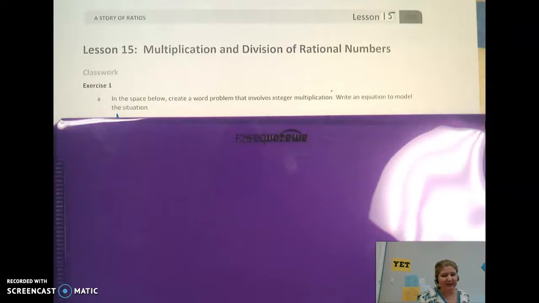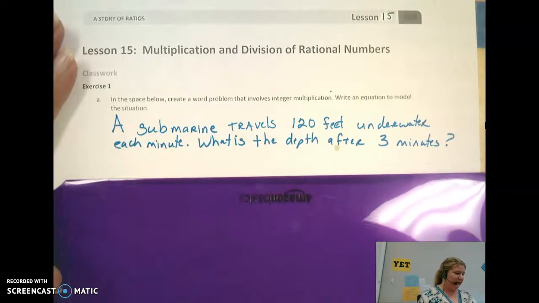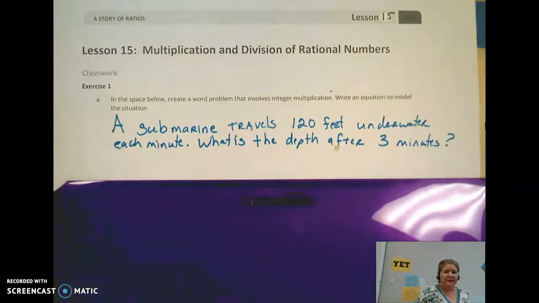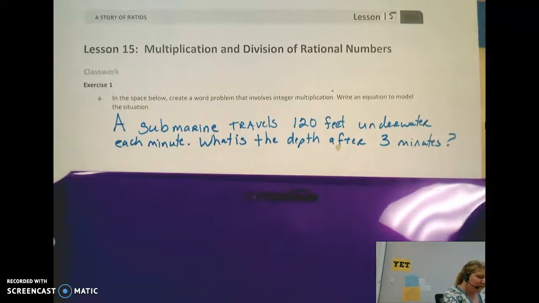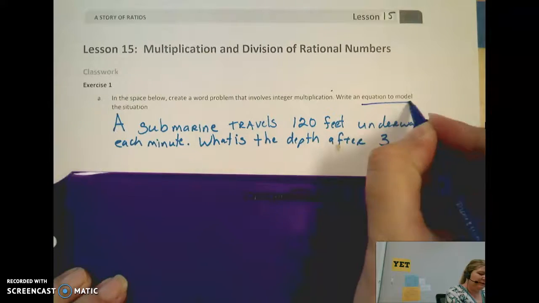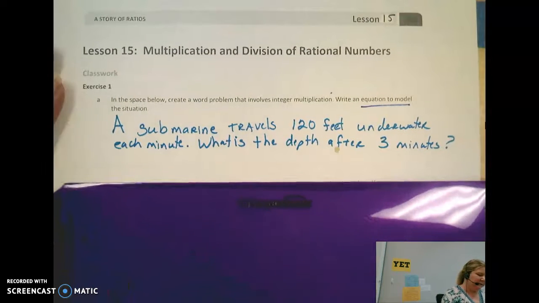So I went ahead and did that ahead of time, and I'll display that. A submarine travels 120 feet underwater each minute. What is the depth after 3 minutes? And then they've also instructed us to write an equation to model the situation.